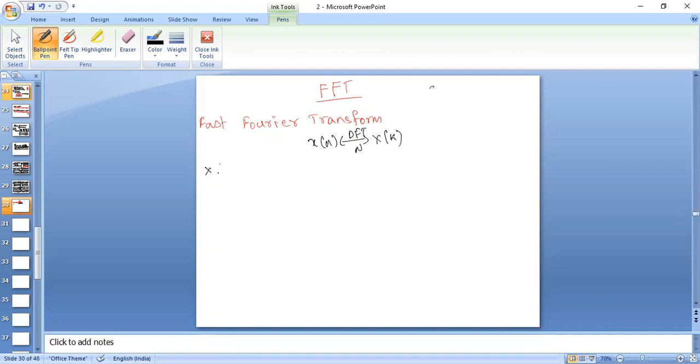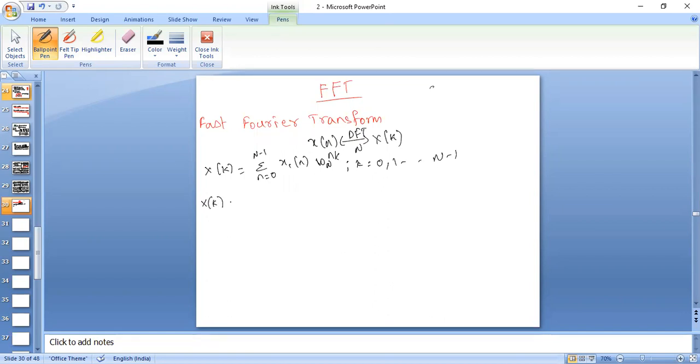Okay, so let us consider x of n has an n point DFT x of k. Then x of k is evaluated as sigma n is equal to 0 to n minus 1 x of n into omega n power nk, where k is equal to 0, 1, so on, n minus 1. Okay, let us try to expand the summation initially.